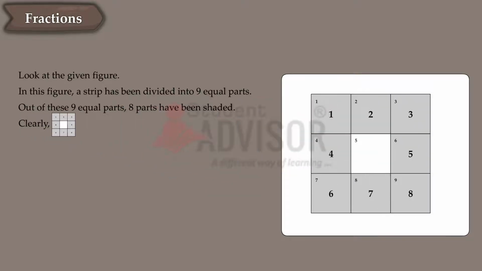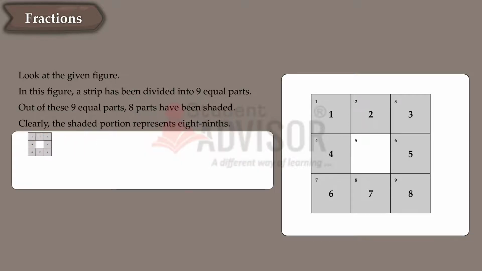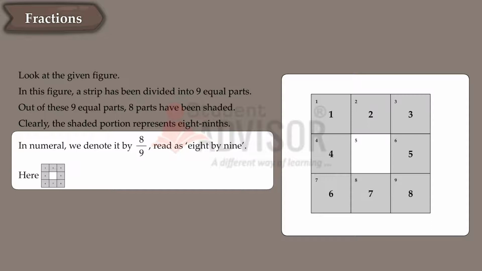Clearly, the shaded portion represents 8 ninths. In numeral, we denote it by 8 by 9, read as 8 by 9. Here, 8 by 9 is a fraction and 8 ninths is a fractional number.